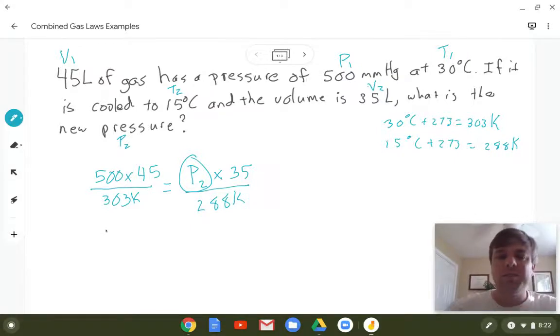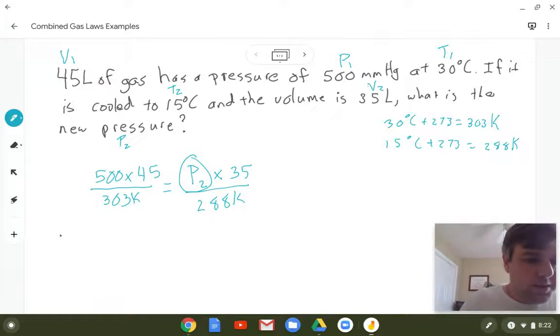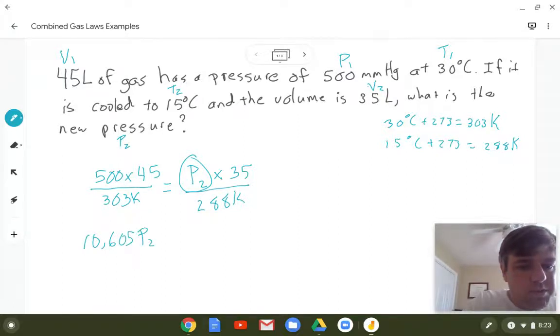And cross multiplying is probably the easiest way, where essentially you say P2 times 35 times 303. So we're going to get 10,605 P2 equals 500 times 45 times 288, which is 6,480,000.